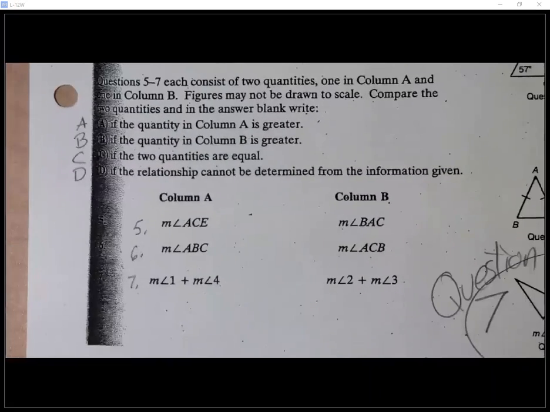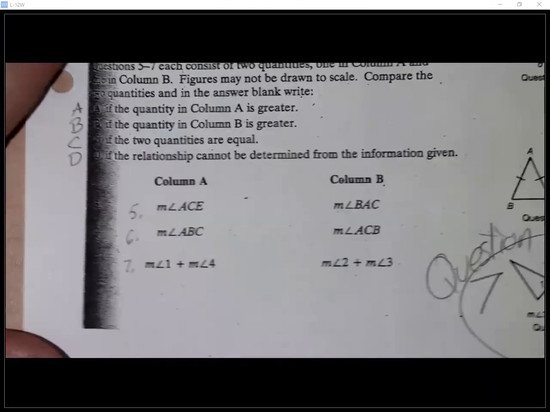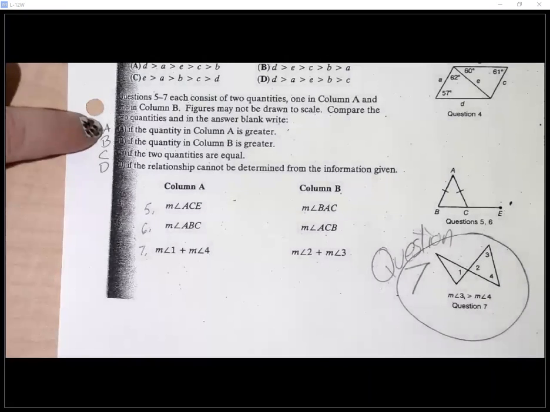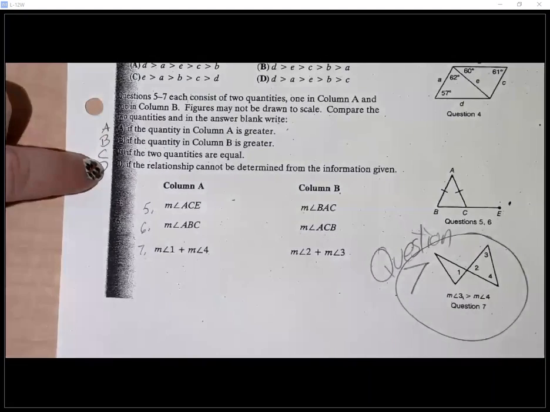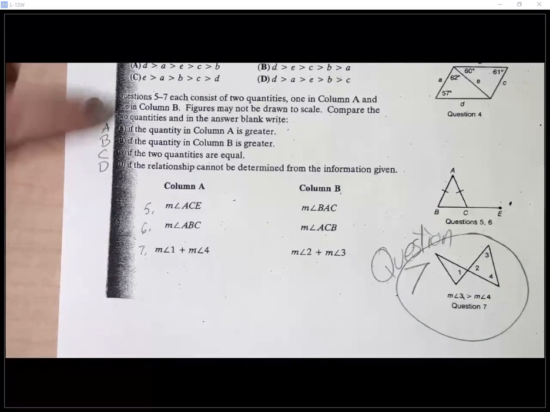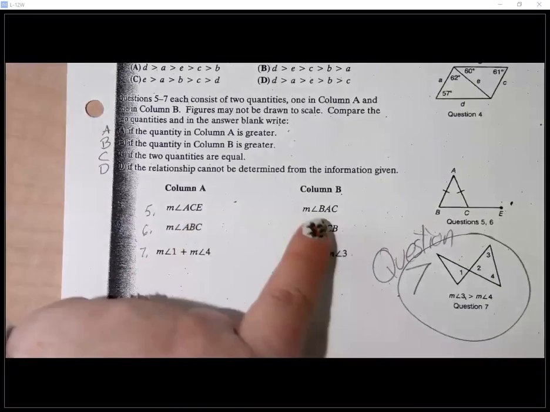The print quality is not the best on this one. So you can see almost everything, but that's just choice A, B, C, and D. For these bottom 3 questions, it'll explain it in the directions, but for number 5, you're choosing which of these is greater.